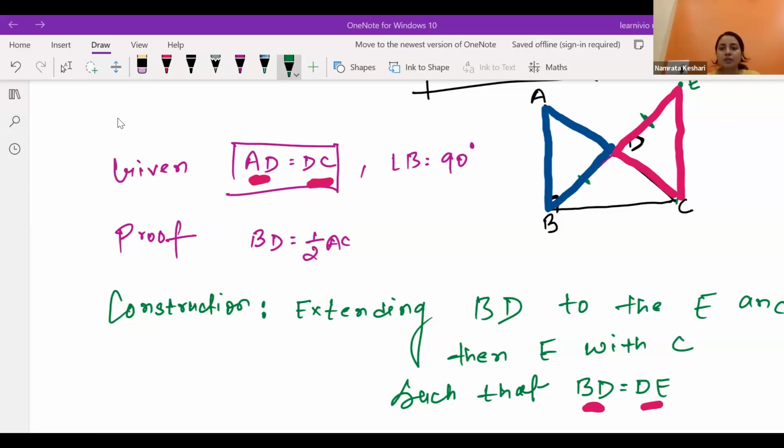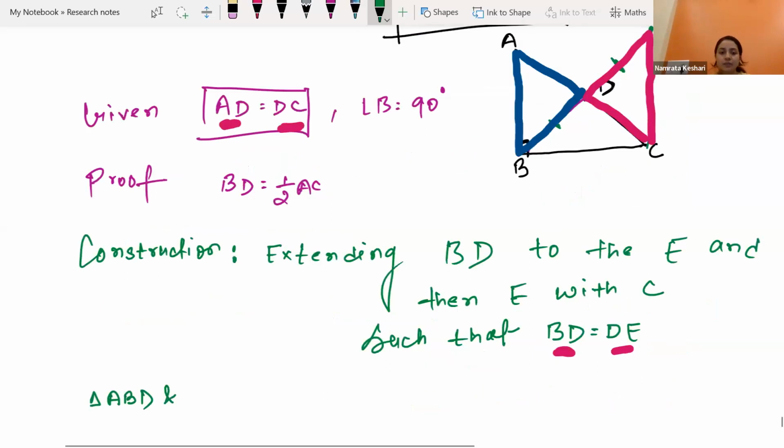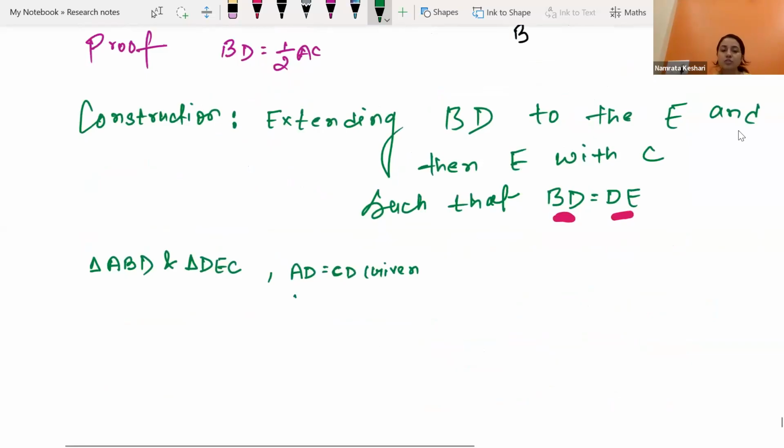Yeah, let's continue. We are talking about triangle ABD and triangle DEC. Here we know that side AD and side DC are equal, already given. We also know that BD and DE are equal by construction.